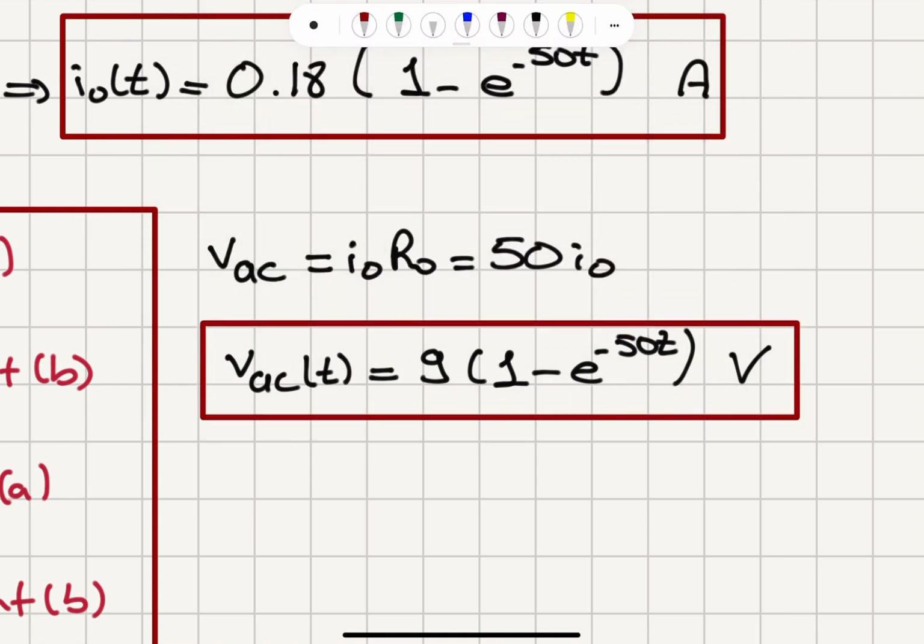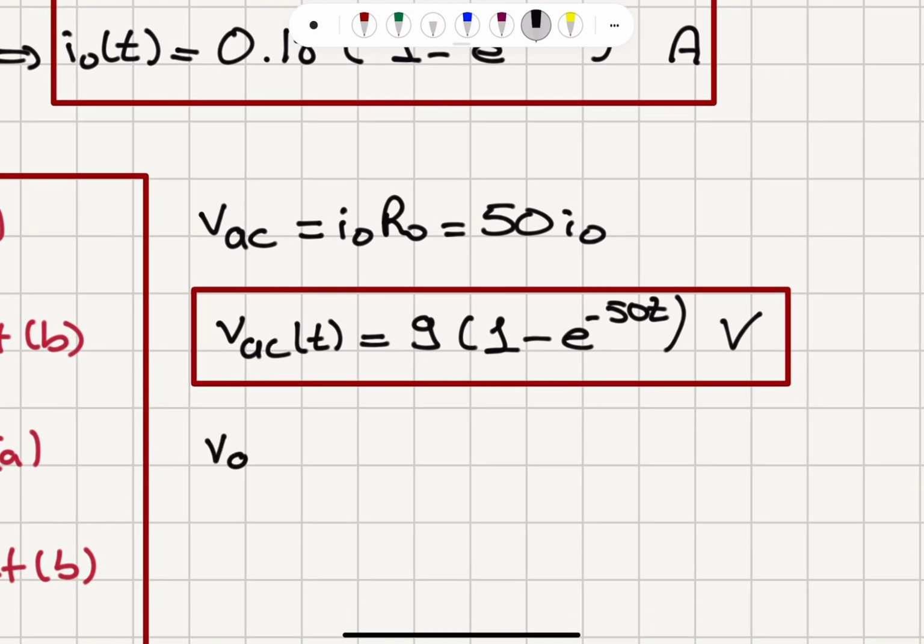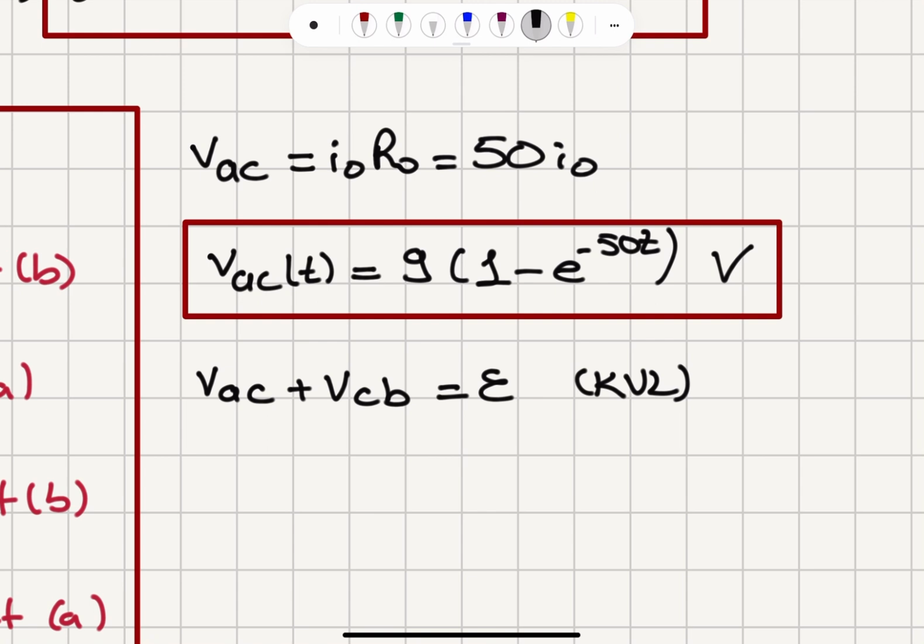All right. And since VAC plus VCB is equal to epsilon, from Kirchhoff voltage law, I know that VCB is epsilon minus VAC, so that will be 36 minus VAC.